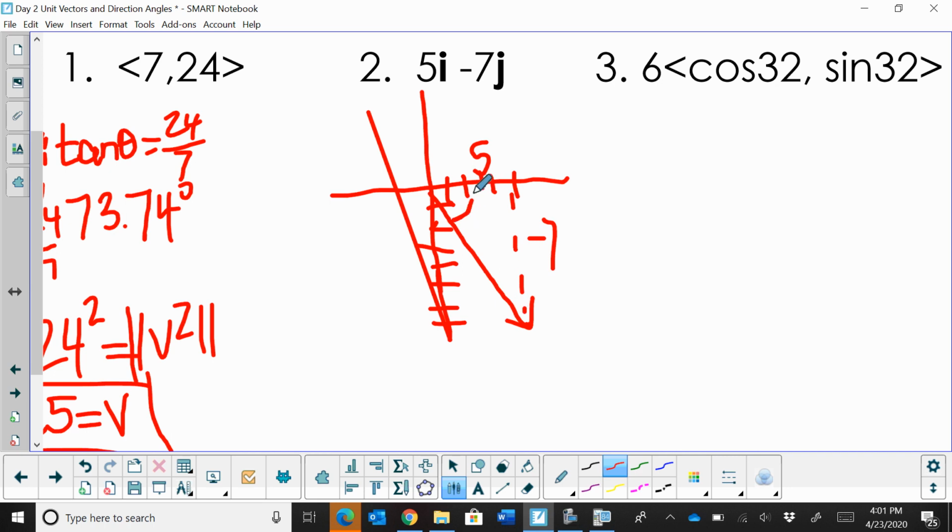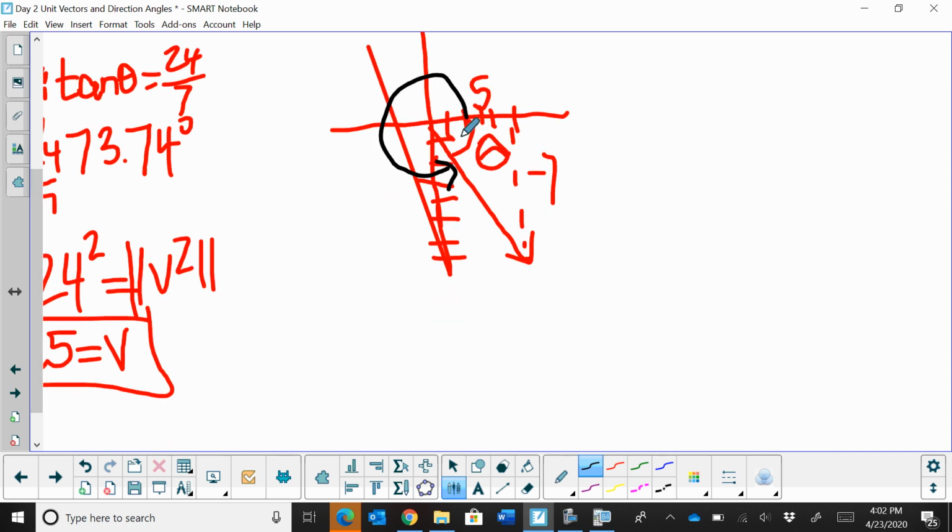I'm looking for the reference angle theta first. But because this is in quadrant 4, I have to give my direction as this larger angle. So we're going to have to subtract the reference angle from 360. To find the reference angle, let's take the tangent of theta, and that's negative 7/5.